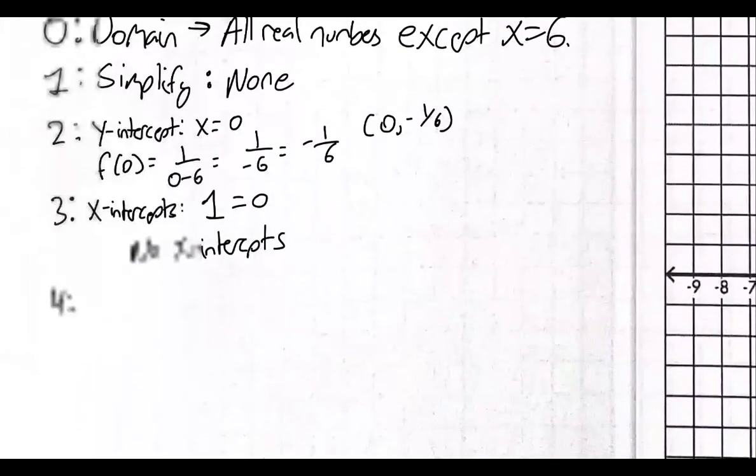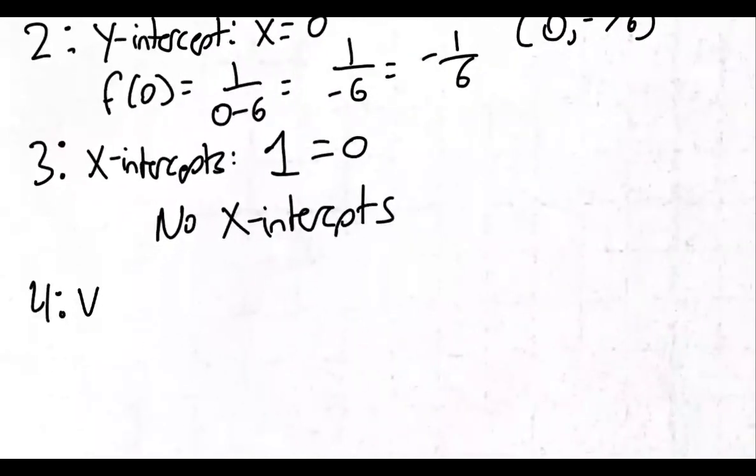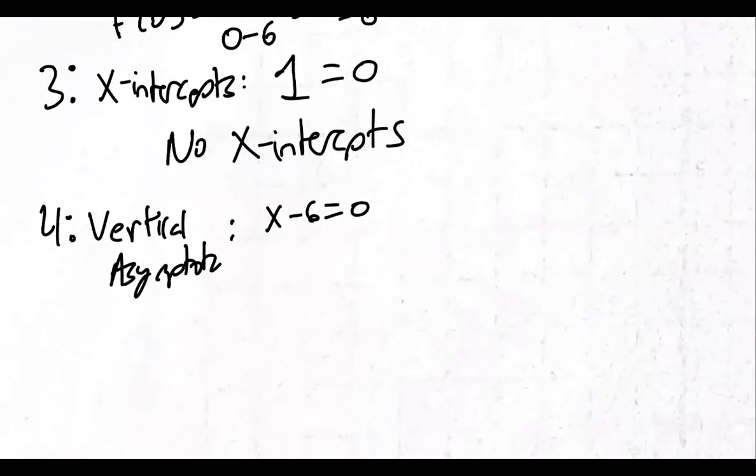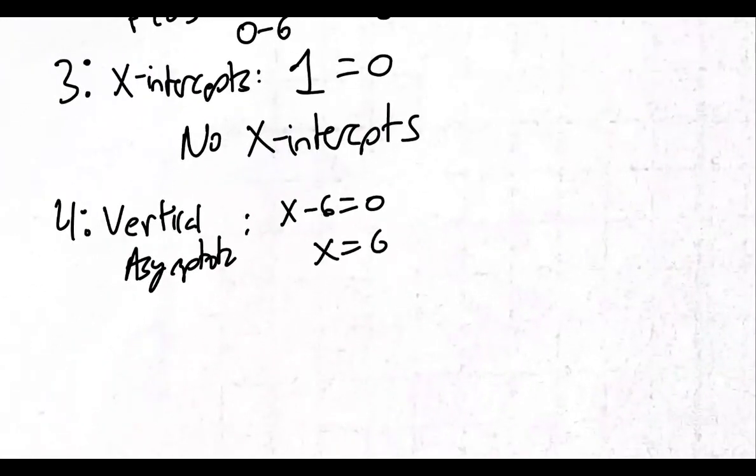So in this case, x minus 6 equals 0, then x equals 6. So that is my vertical asymptote at x equals 6.